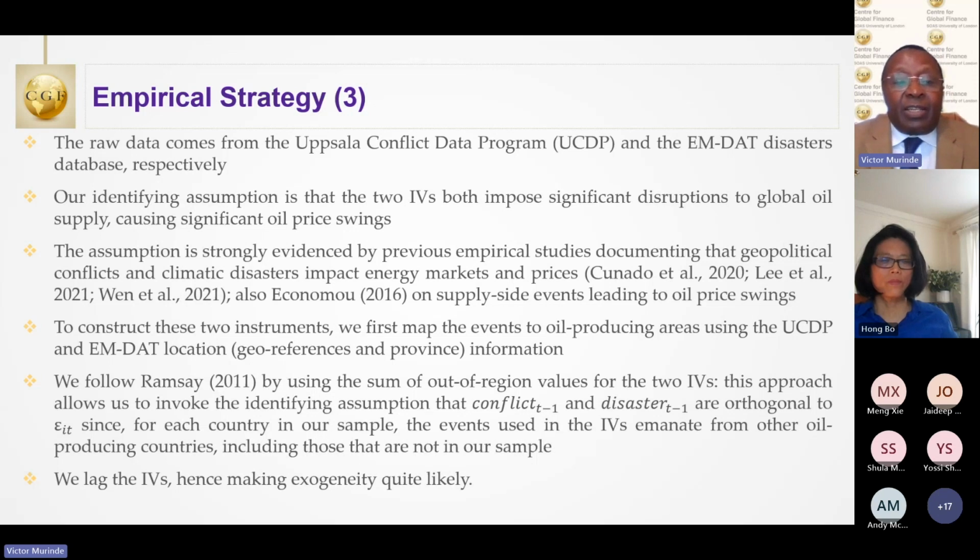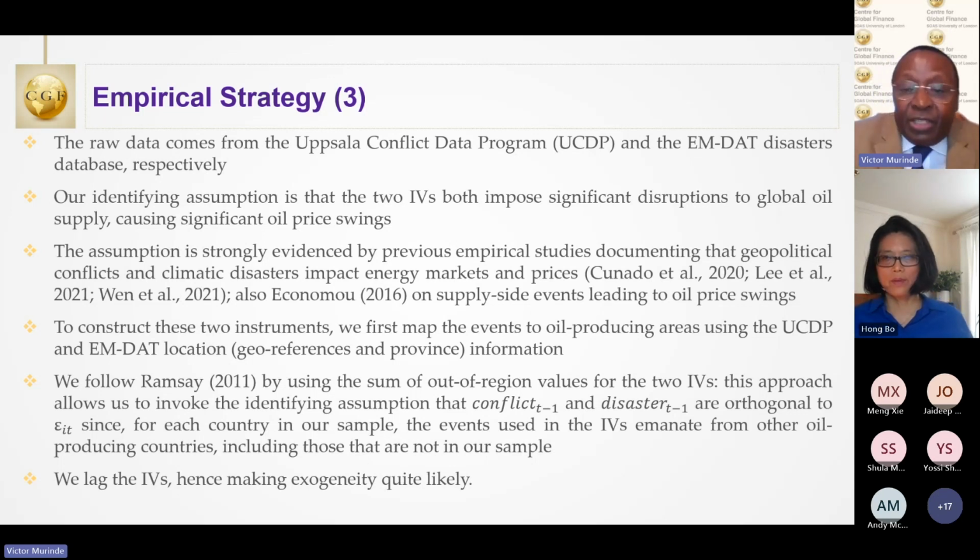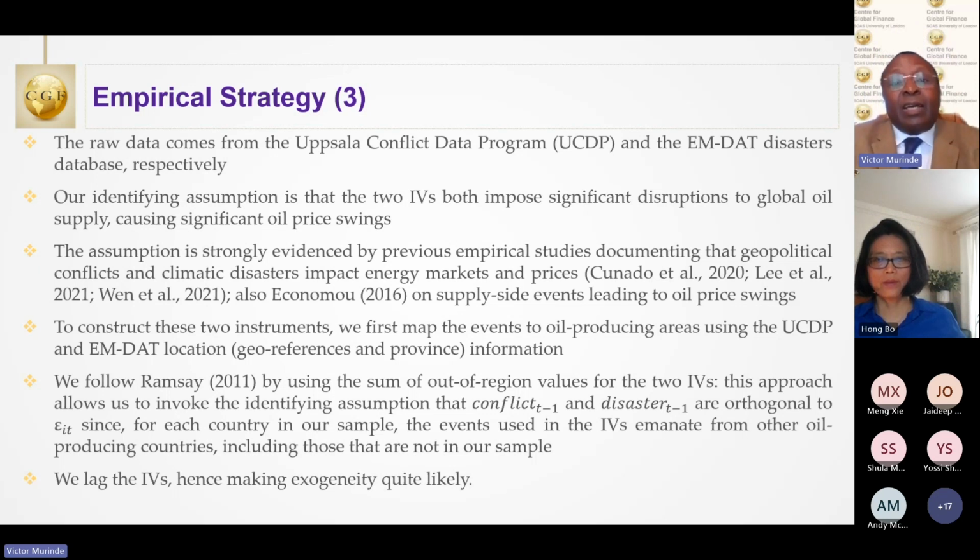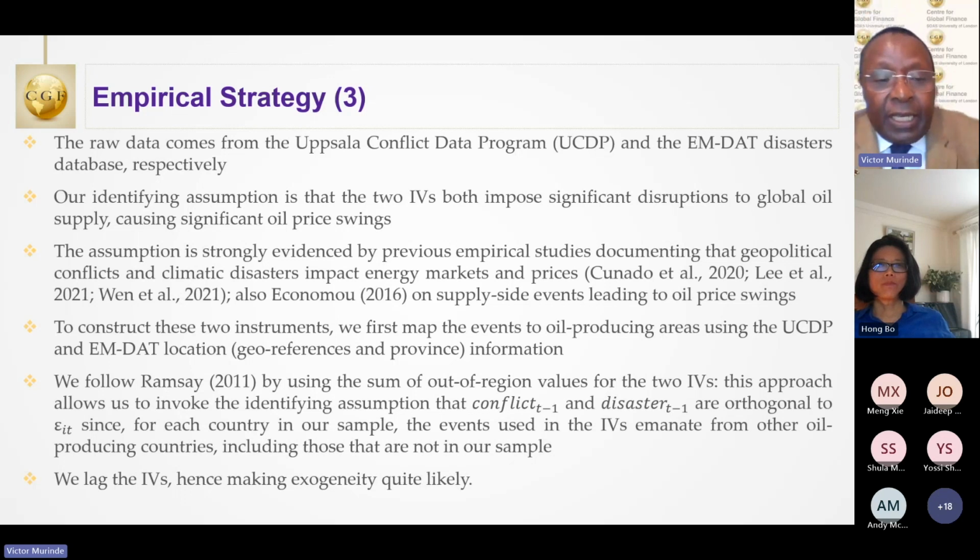All these studies justify and corroborate the assumption that we use here for the two variables. And to construct these two instruments, we first map the events to oil producing areas using the UCDP data we mentioned earlier, and the EM-DAT disasters database, where the location, the georeferences and the province information are collected by satellite.